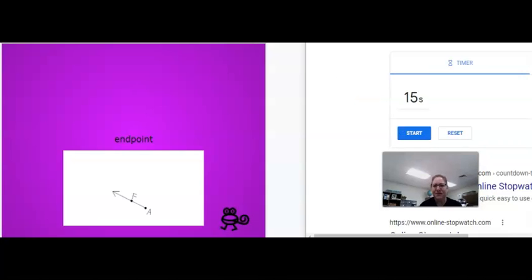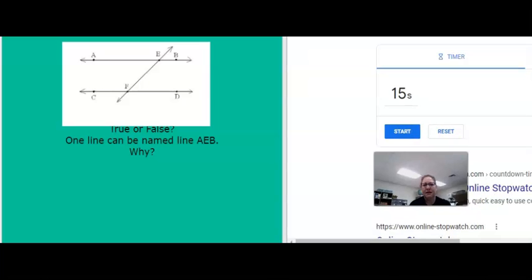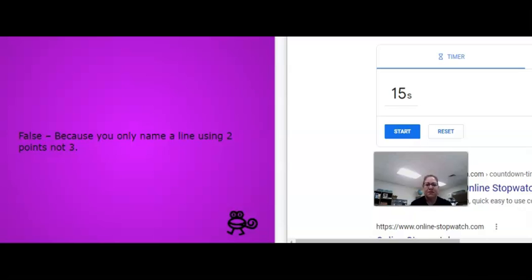It's called an endpoint. True or false? One line can be named A, E, B. Why? That is false. You only name a line using 2 points, not 3. 3 would be naming an angle.